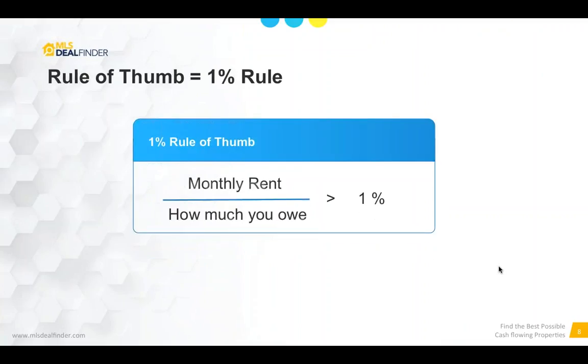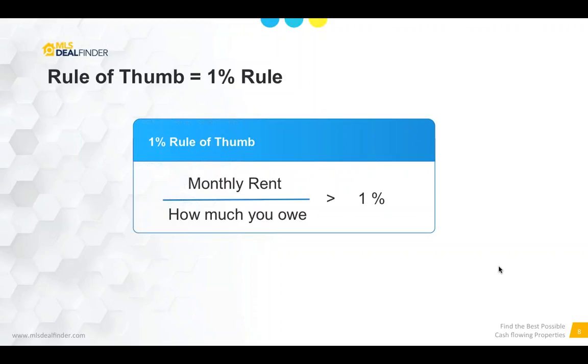To get there, we need to understand the 1% rule of thumb. The 1% rule of thumb says that based on how much you owe on a property, your monthly rent needs to be more than 1% of how much you owe, the principal of your mortgage, basically.